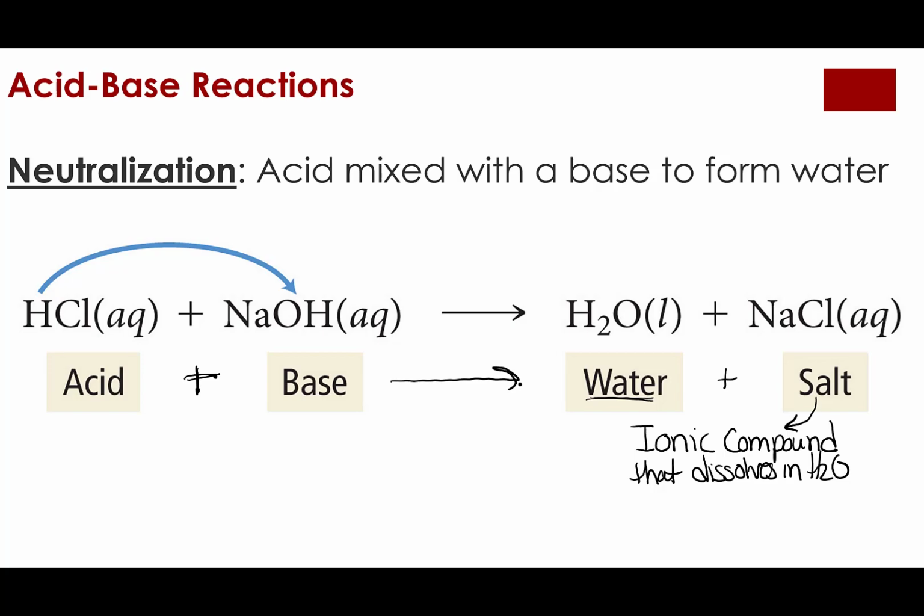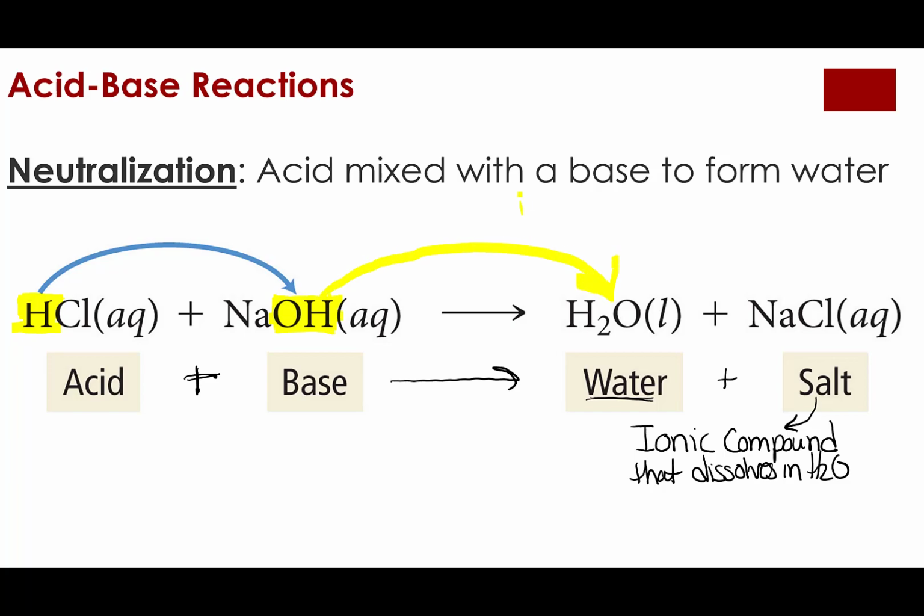Let's talk about how we got these different pieces. If we look at our acid and our base, acids are going to take this hydrogen in the front here, and that's the hydrogen that they give up or donate to the process of making water. And our bases are going to take their hydroxide, this OH, and that's what they donate in the process of making water.